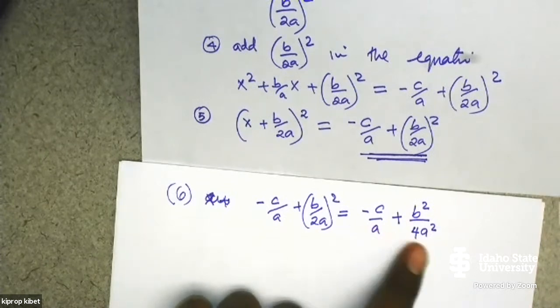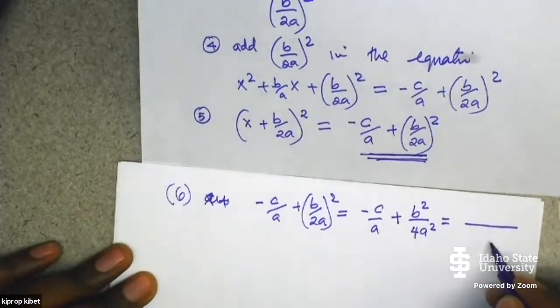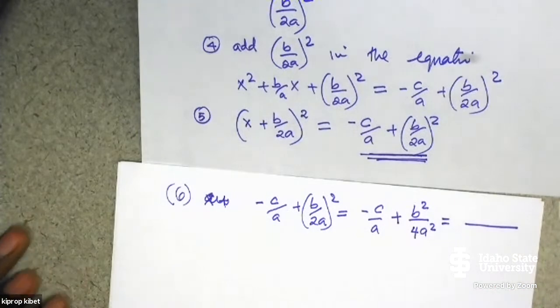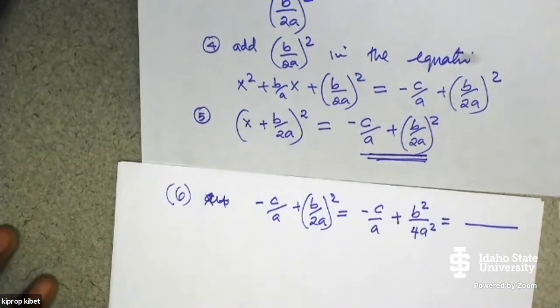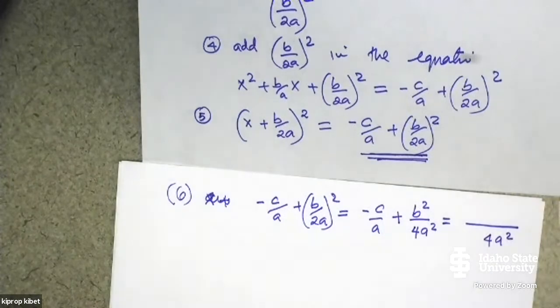Then we add. When we add, what is our least common multiple there? It is 4a squared.